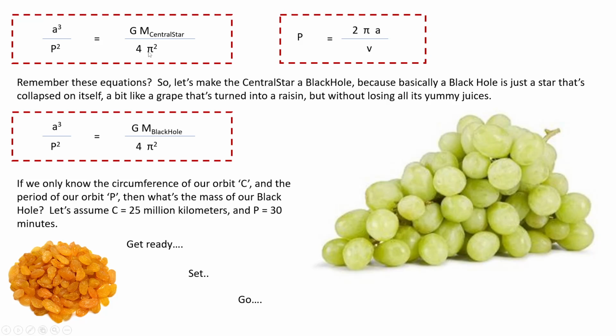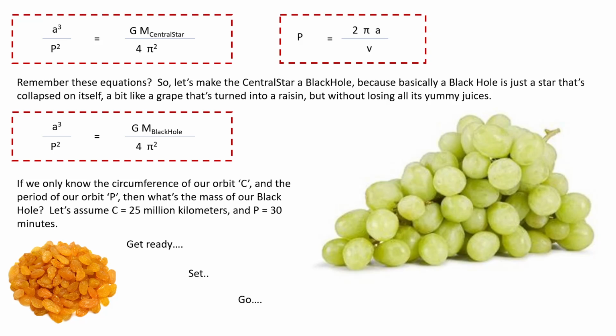So basically we're just replacing the mass of the central star with the mass of some black hole. Because basically a black hole is just a star that's collapsed on itself. It's a bit like a grape that's turned into a raisin, just a lot smaller, but with the same mass. So it's like a grape that turned into a raisin without losing all its yummy juices.